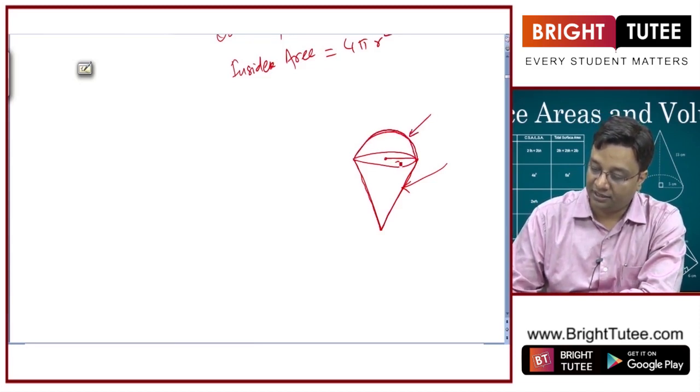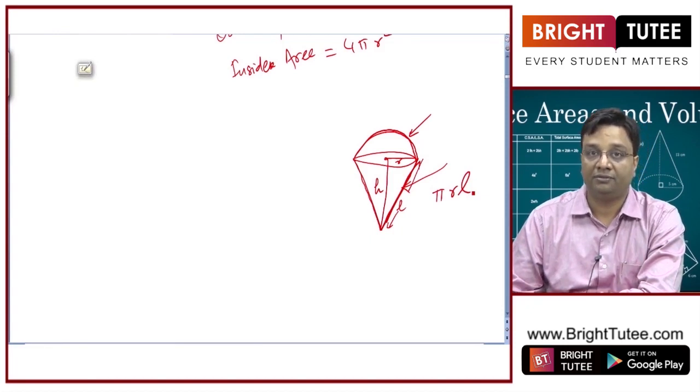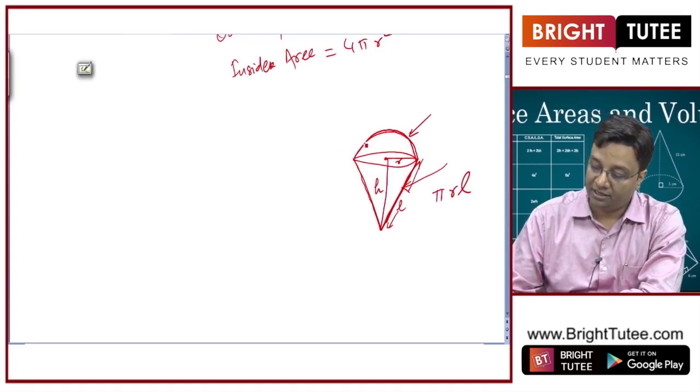Let us say this is R and this is H, okay. So what will be the curved surface area of the cone? If this is, let us say, L the slant height, it will be pi r L. It is the curved surface area of the cone and you have got this hemisphere mounted on it. So this will give me curved surface area 2 pi r square.